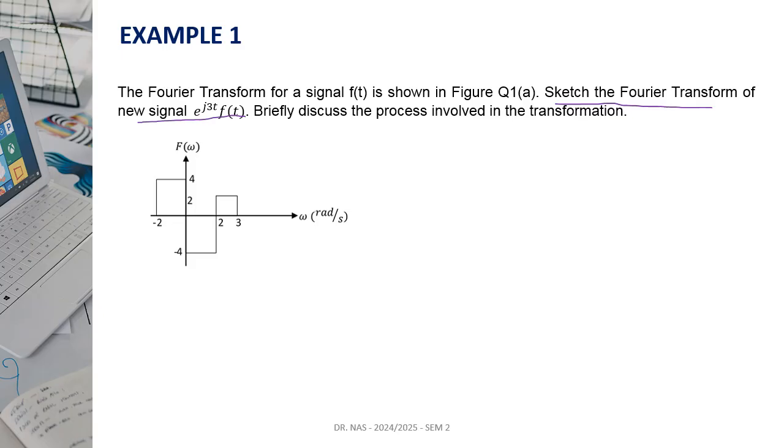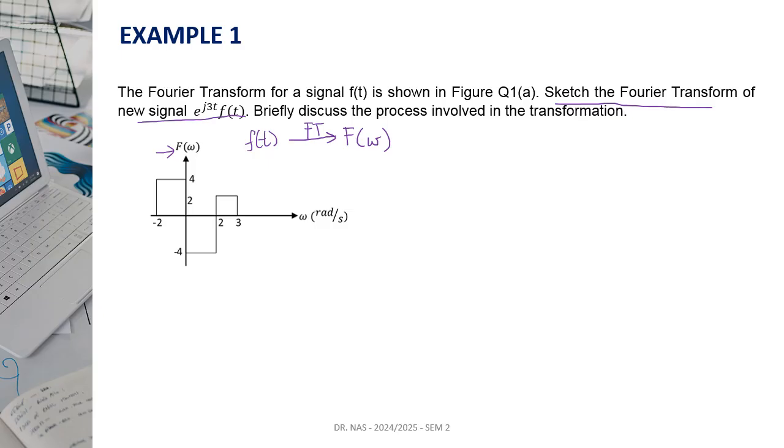Obviously we know that if you have a signal f(t), it will produce the Fourier transform F(omega). In this case you have F(omega), but you don't know what f(t) is. Next, you need to sketch the Fourier transform of the new signal.